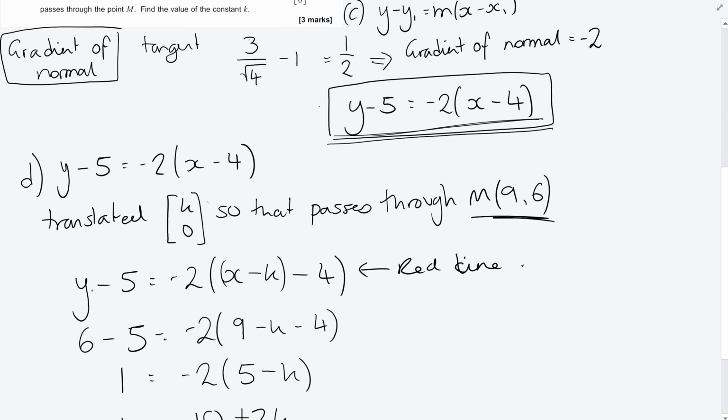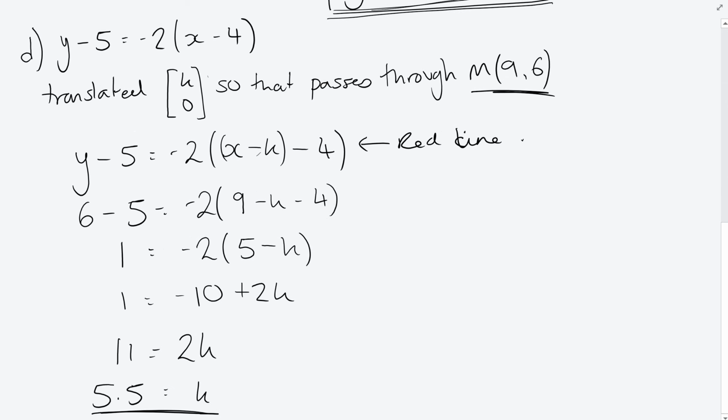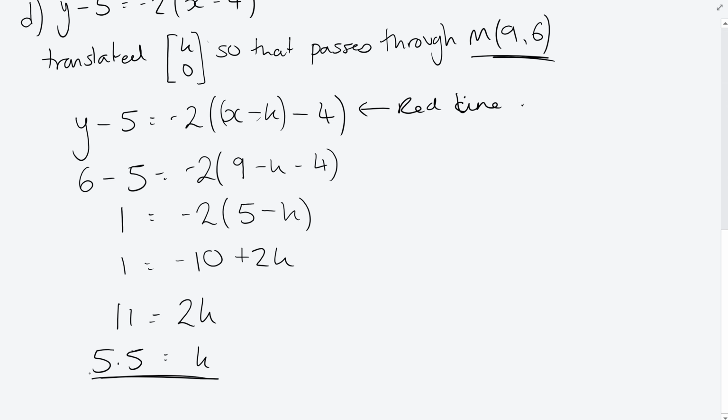That looks like our old equation, but instead of x, it's got x minus k, because we're moving it k units in the x direction. From there, we substitute in the fact that this new red line goes through the point (9, 6), rearrange, and we can find the value of k. And that is then the question completed.